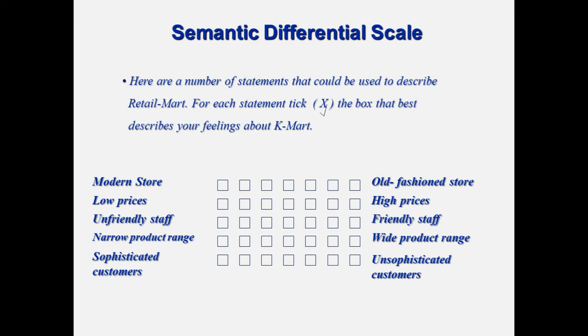Semantic means words, English words, vocabulary. Differential means antonyms, words which are opposites. That's why it's called semantic differential. If you don't know what antonyms and synonyms are, it's very difficult to design these scales. For example, if you want to measure how customers feel about a retail mart, I gave a name here, K Mart.